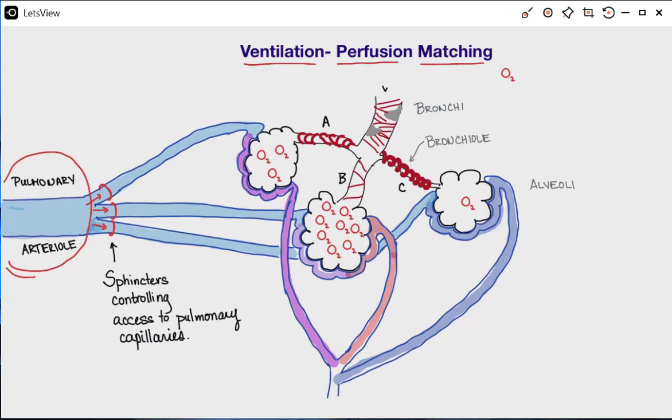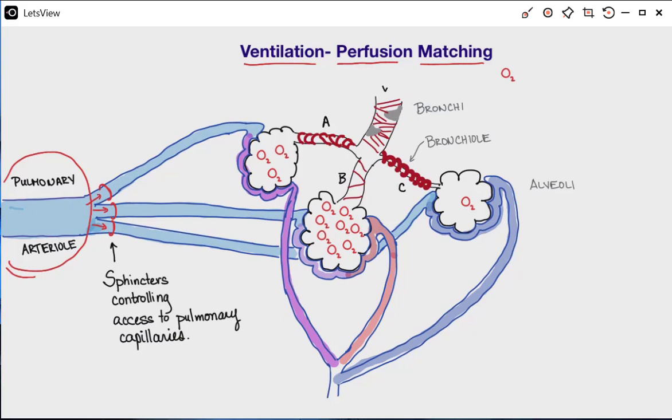The term perfusion refers to blood flow. So I want to match my blood flow to the ventilation. In other words, I want to send my blood towards the alveolus with the greatest amount of oxygen.